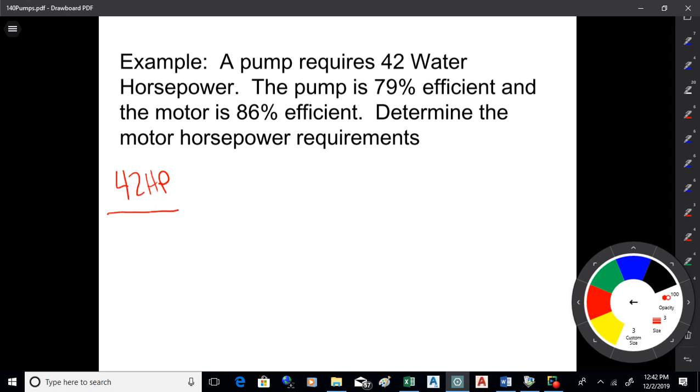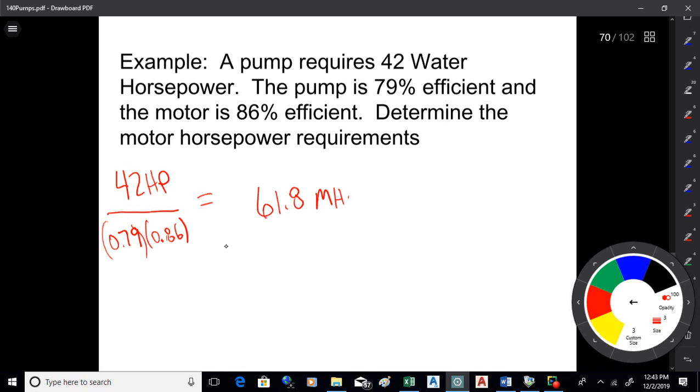So what I would do in this case is divide by the efficiencies, and that will get me back to the motor horsepower that's required. If I divide that out, I'm going to come up with 61.8 motor horsepower. See, I'm walking it back.